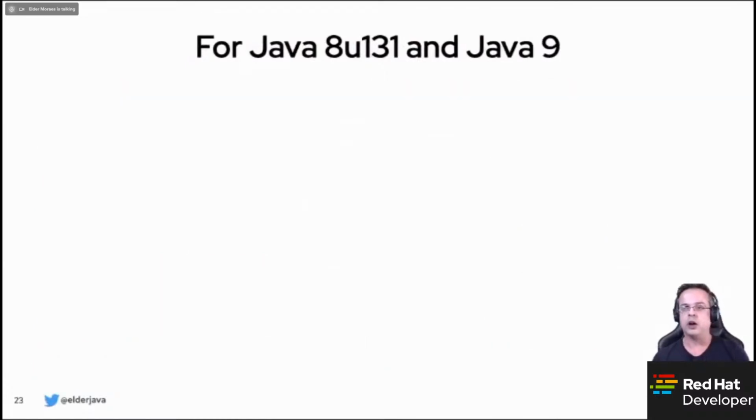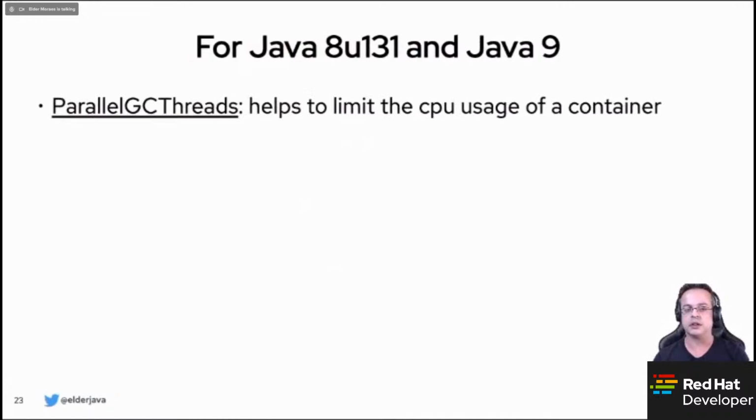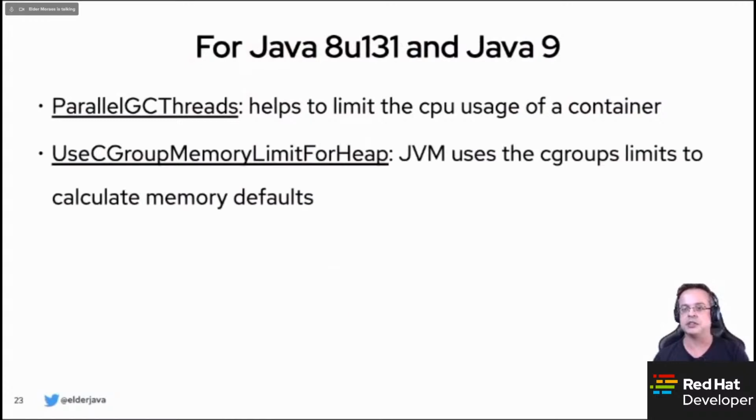Okay, on Java 8 update 131 and Java 9, we got some improvements. Now we have a flag that helps limit the CPU use of the container, such as the parallel GC threads. We have another flag to limit the heap based on the cgroup, not on the host anymore.